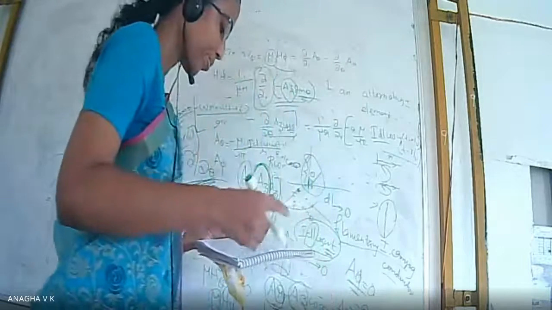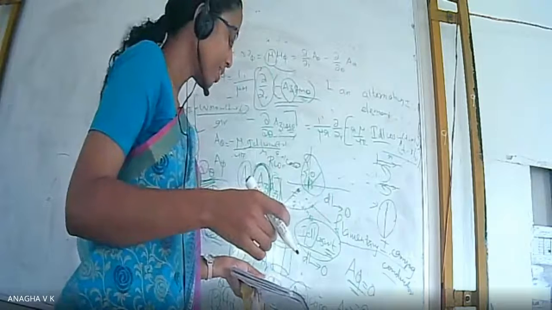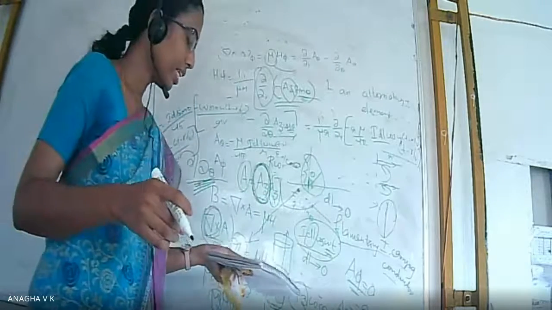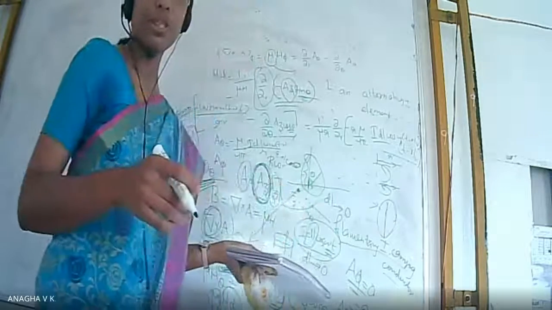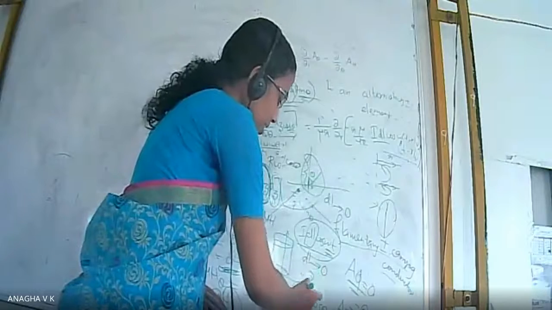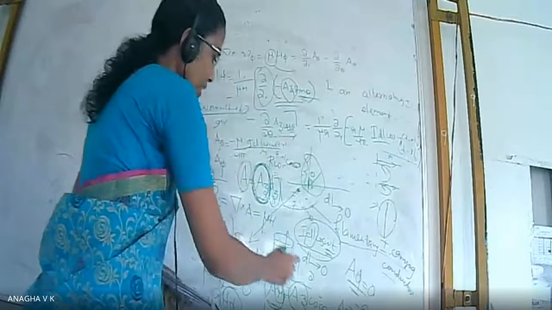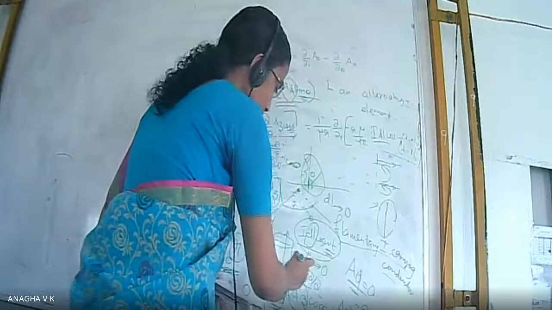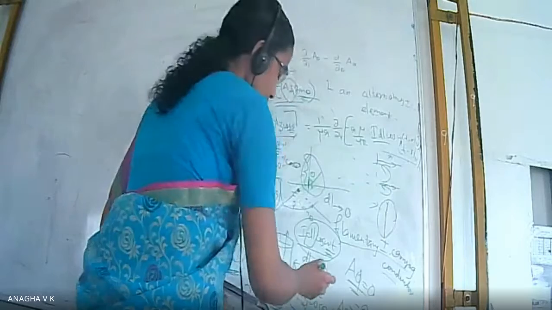Now we do the differentiation process. What is the differentiation process? It is nothing but del cross A. Del cross A is equal to what?